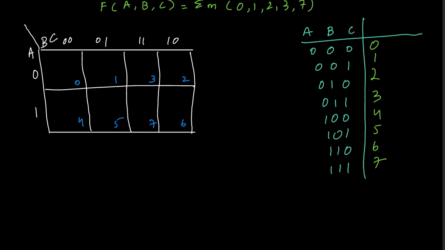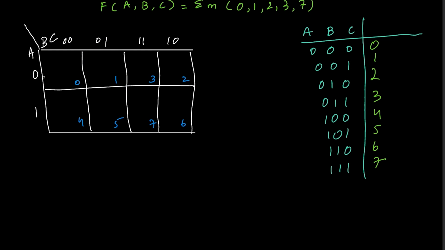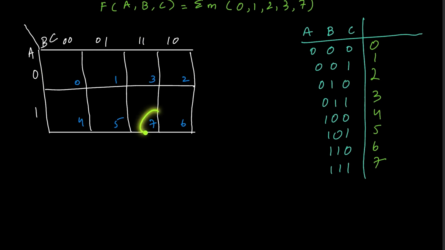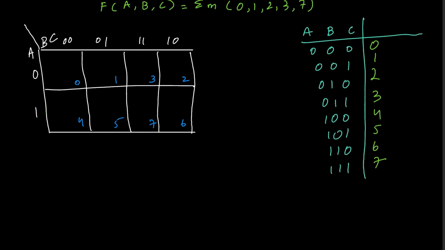Take another number, 001 is equal to 1. 011 is equal to 3. Take any other random number, for example 7. 111 equals 7. So that is a surety of the fact that we have written numbers in the right way.